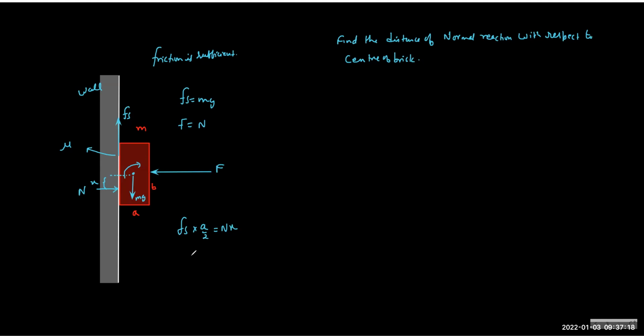Therefore, you can substitute everything here: Fs equals mg, A by 2, and N equals F, and therefore x turns out to be mg A by 2 divided by N. You can find the distance at which the normal should act.